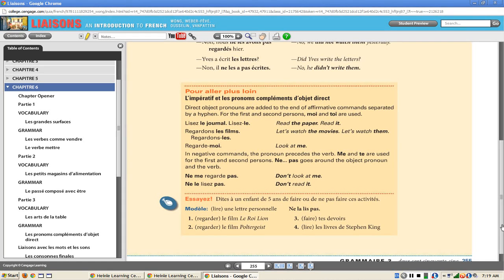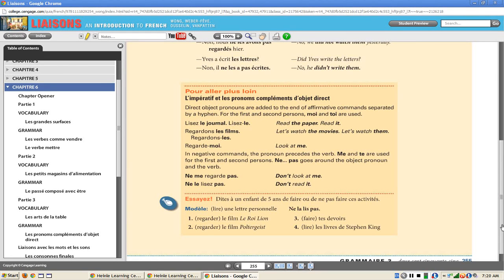Now, in a sense, you've got the subject pronoun omitted to make it an imperative, and you say lisez le journal, regardez la télévision. Strangely, all you have to do is keep the le, and you just knock out the journal, and you put in a hyphen, un trait d'union, and it says lisez le.